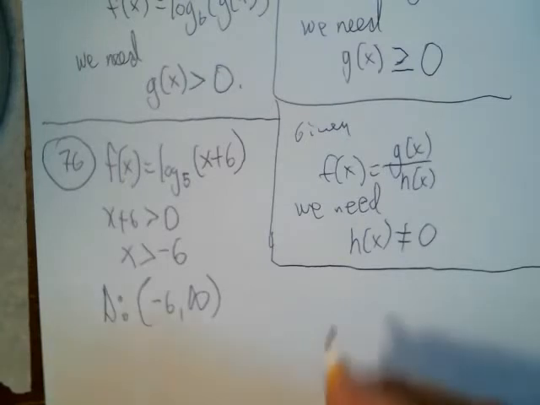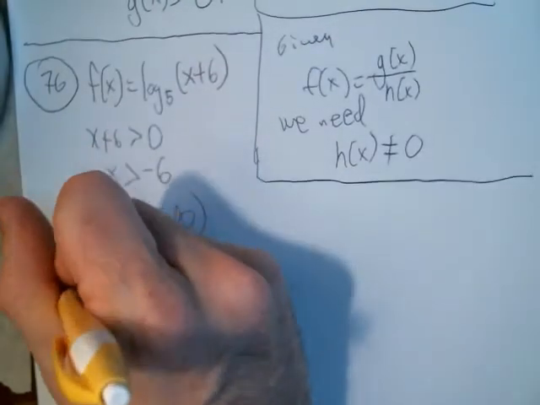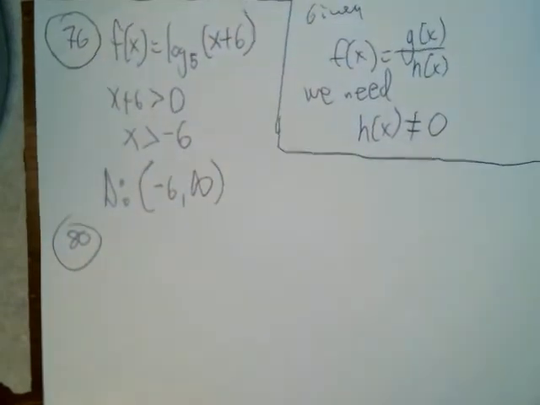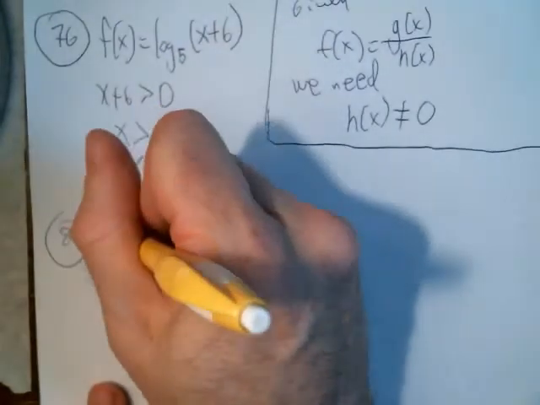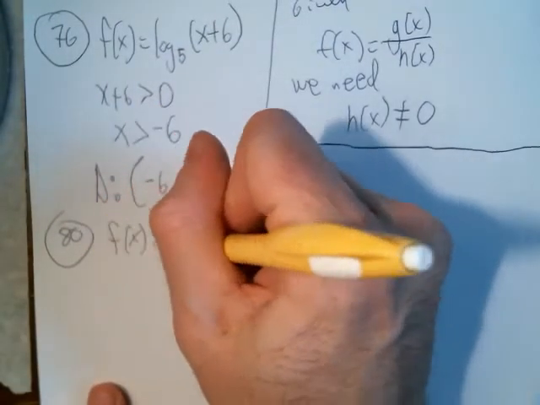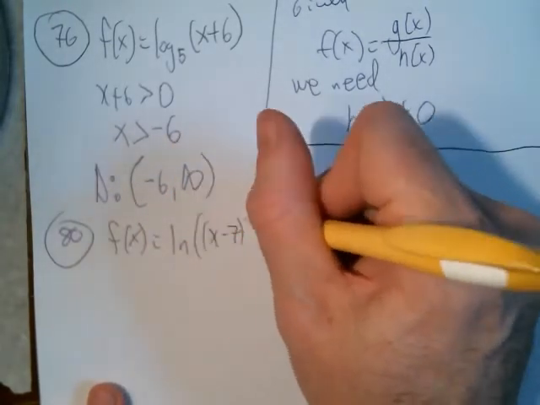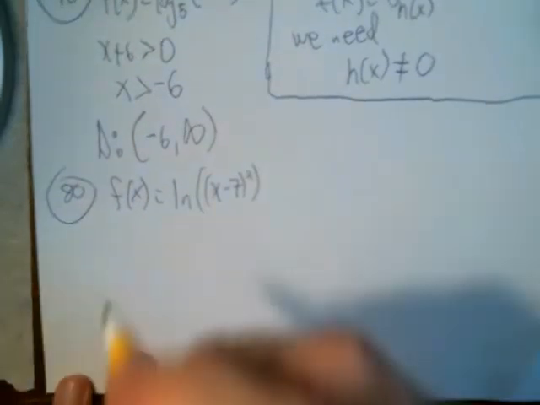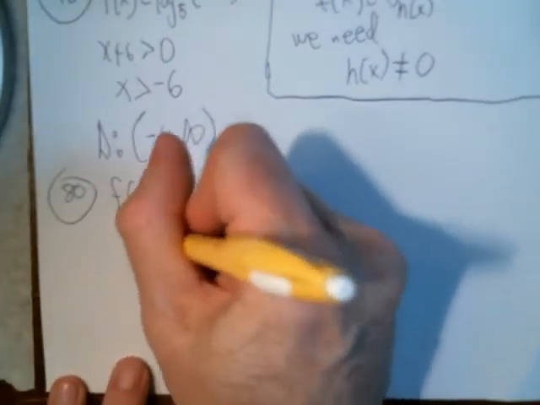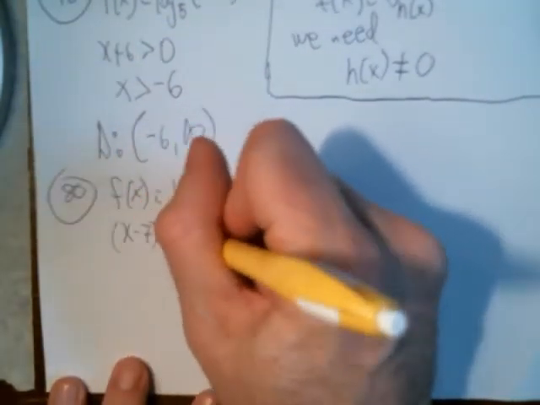Let's look at another one, number 80. This one's a little harder and relies on some of the stuff that we were doing in the previous chapter. F of x equals ln of (x minus 7) squared. Okay. So we need to make sure that (x minus 7) squared is greater than 0.